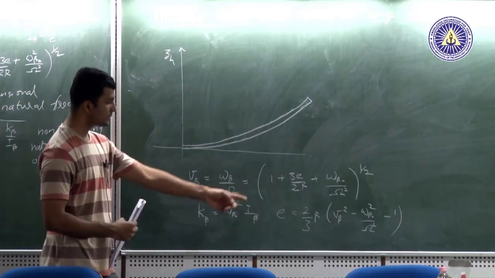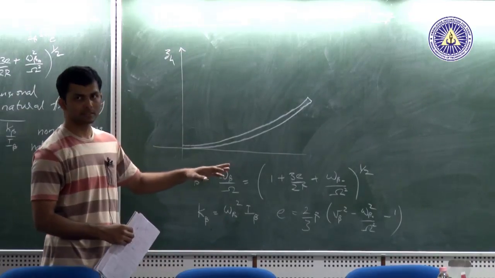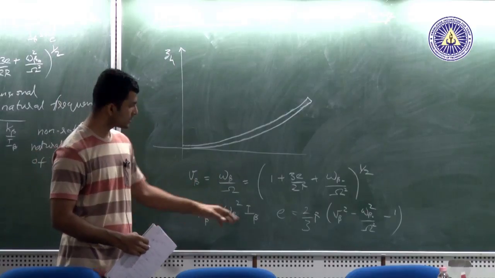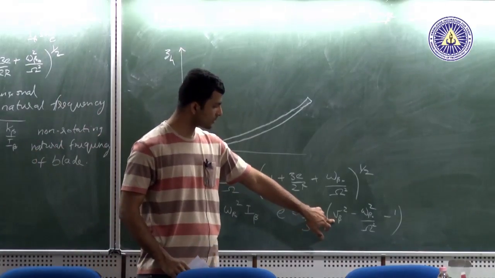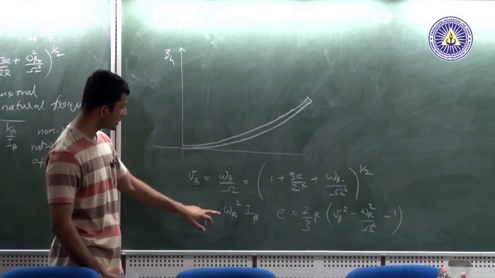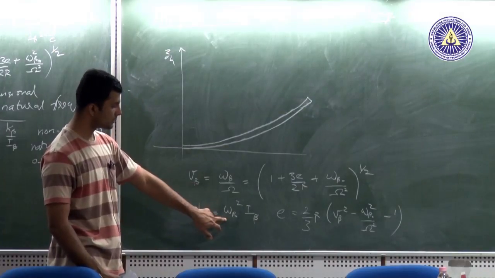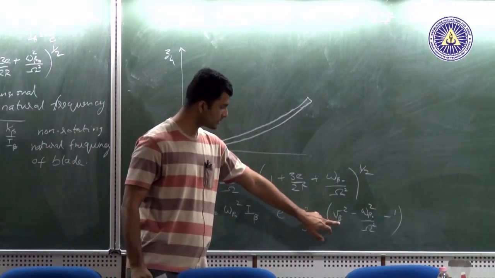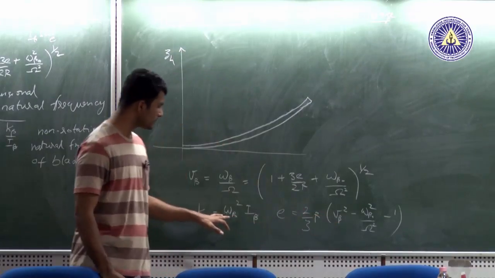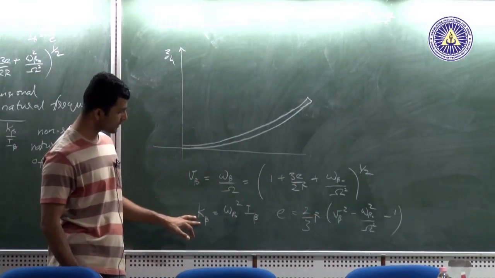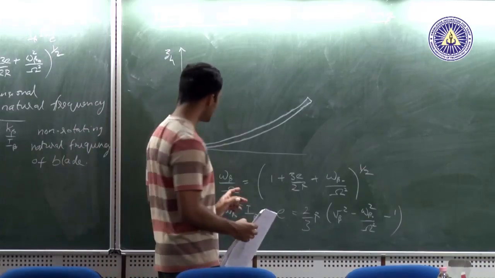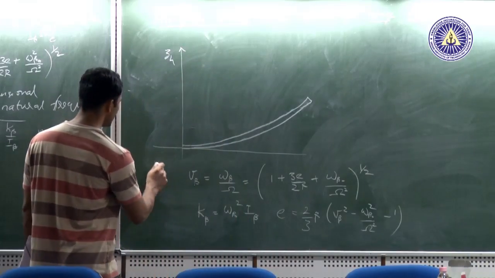I guess there is a way to measure the rotating natural frequency by some kind of instrumentation. So if you know the rotating natural frequency, and if you know the non-rotating natural frequency, this is easy to measure, this is hard to measure. So if you know these two frequencies, there is a way to obtain k beta and E. This is one way of obtaining k beta and E.